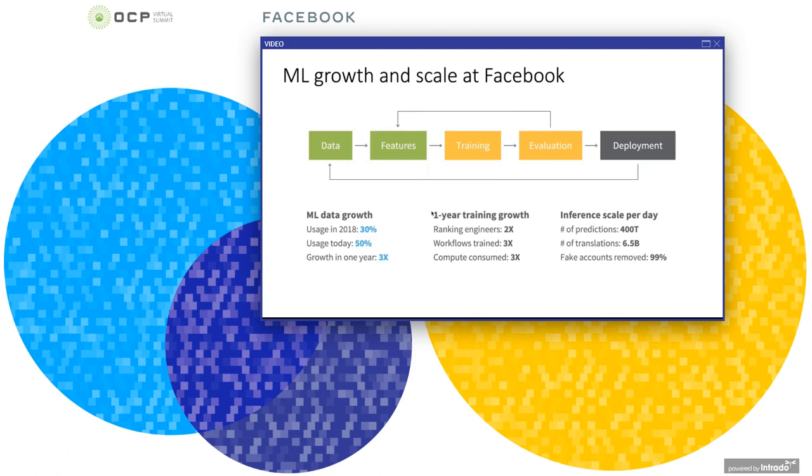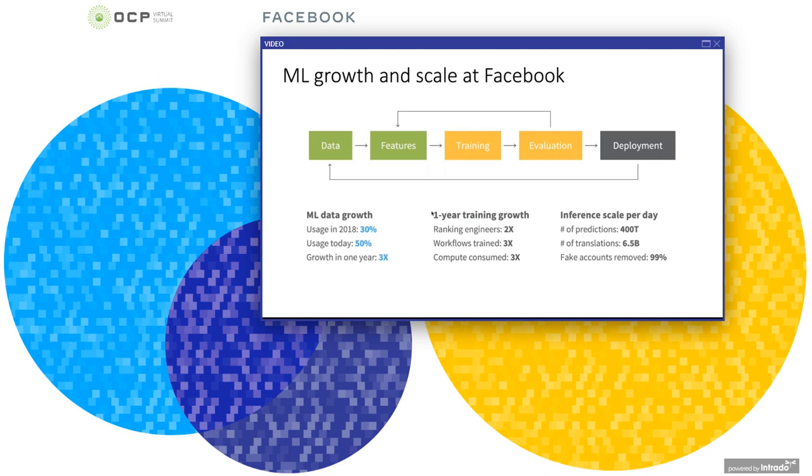So this leads to a growth of over 3x in 1 year. Also, more than twice the number of ranking engineers are working on deep learning and machine learning models, and they are running more than 3 times the number of workflows. Further, the compute consumed by these workflows has also increased by 3x.